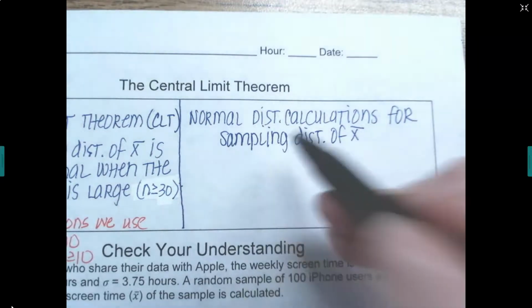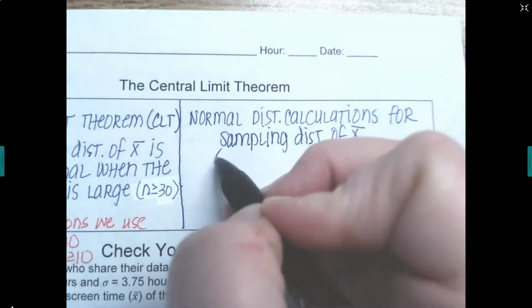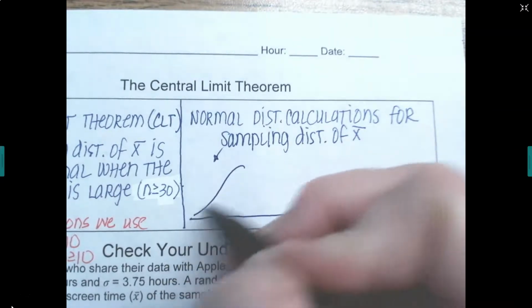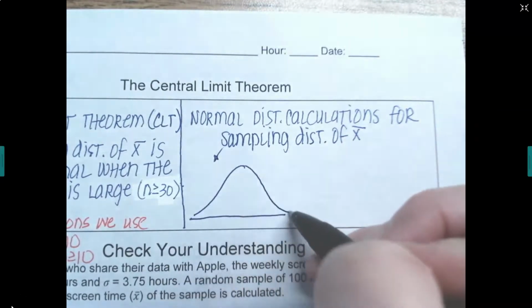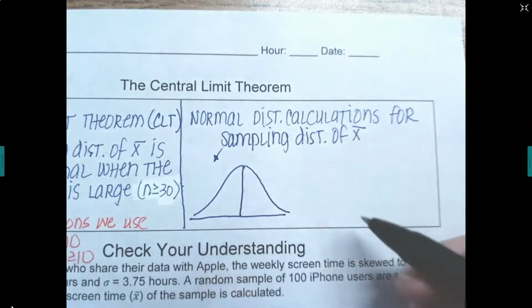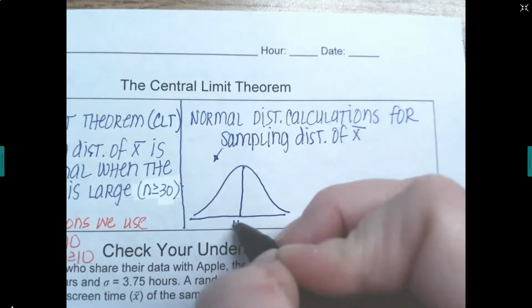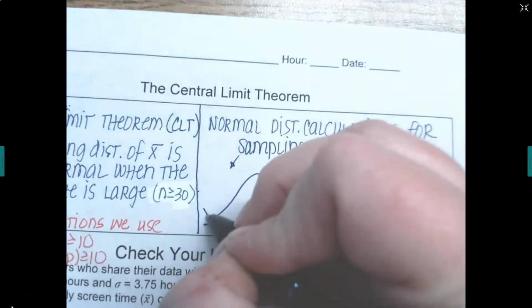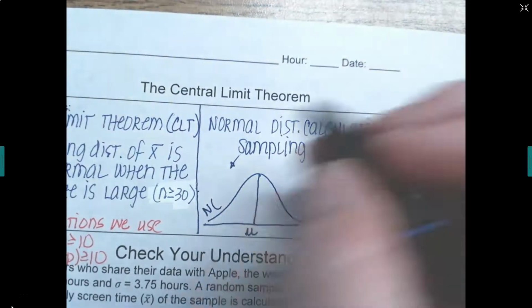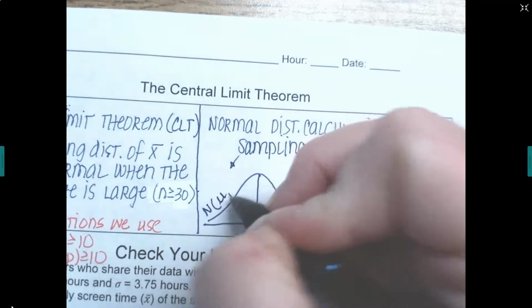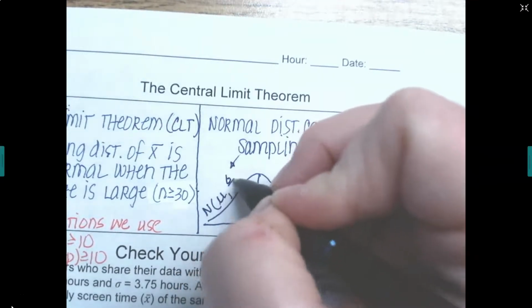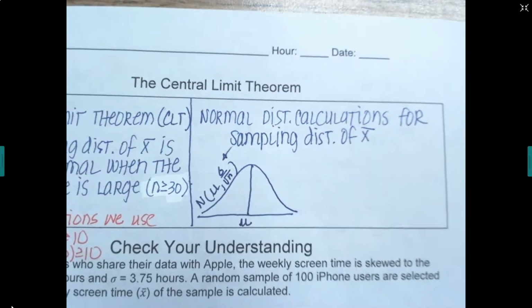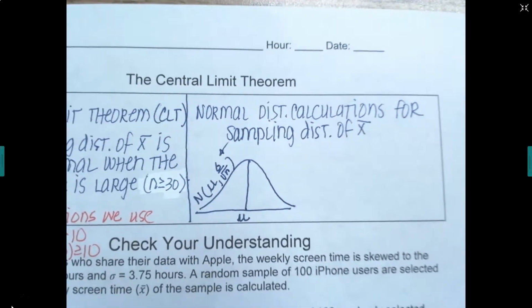Right down the middle you'll have your mean, which will be equal to the population mean. You're going to note that it's a normal distribution with a mean mu and a standard deviation of the population standard deviation divided by the square root of n.